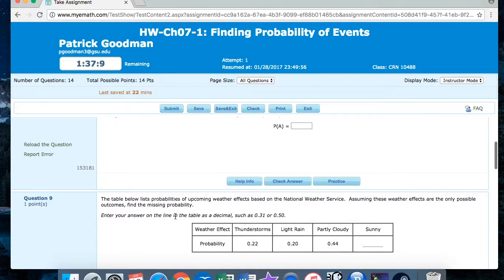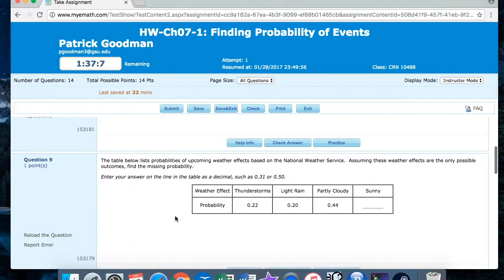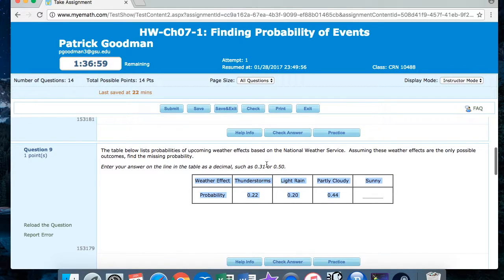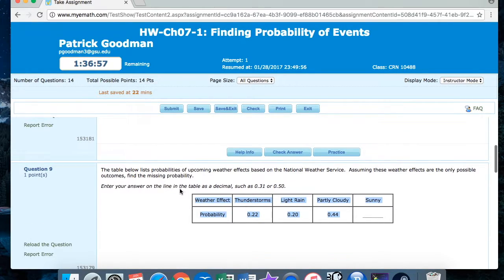Okay, and this question right here, this one's pretty simple. Remember that in a probability chart like this, if we're looking at weather effect, and if it's not thunderstorming and it's not raining and it's not partly cloudy, it's going to be sunny.